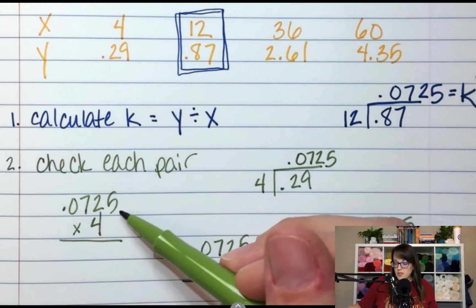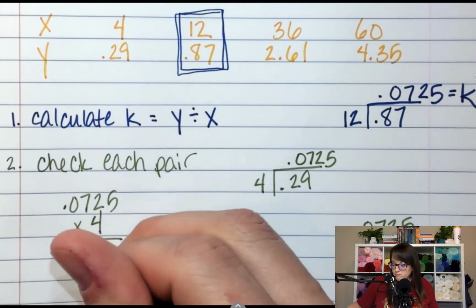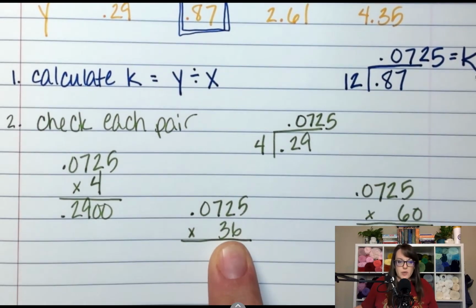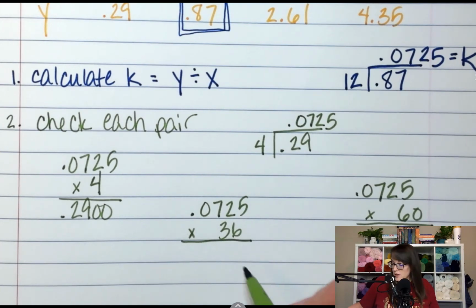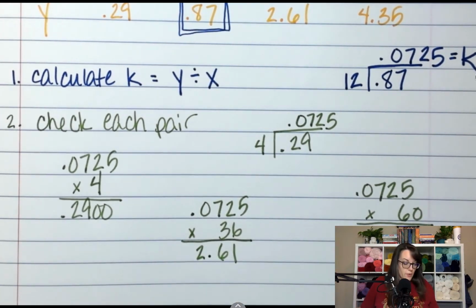So what is 0.0725 times 4? It is 0.2900. What about 0.0725 times 36? Yep, that one comes out to 2.61. So that one works.